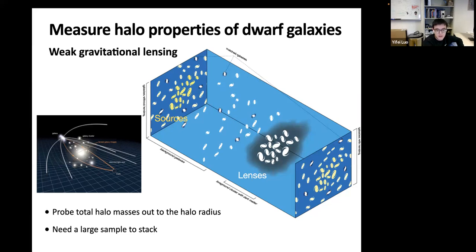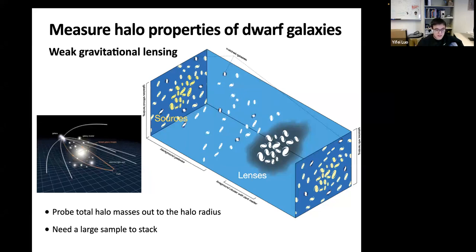So we need a large sample to stack to get a good signal. That's a disadvantage for lensing, but it's a really powerful technique, and there are lots of ongoing weak lensing projects to study dark matter and dark energy, and so on.